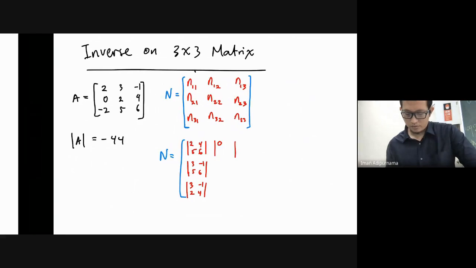This is 0, 4, negative 2, 6. And then this is 2, negative 1, negative 2, 6.